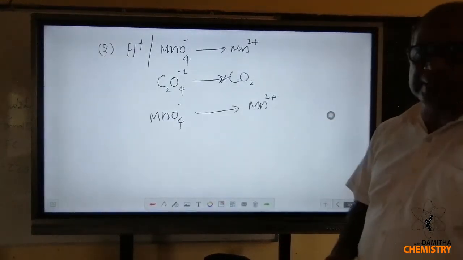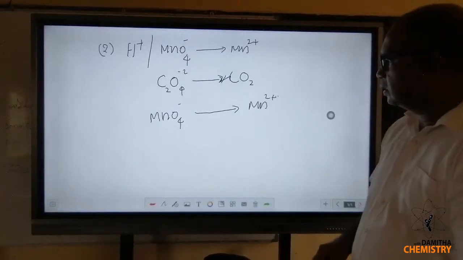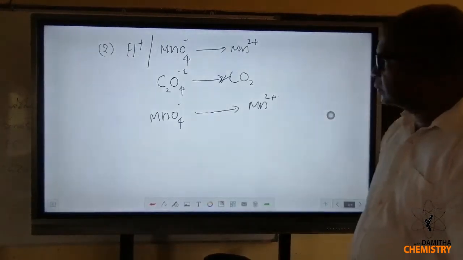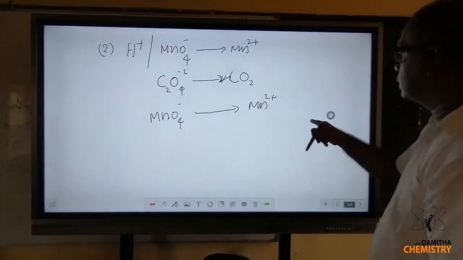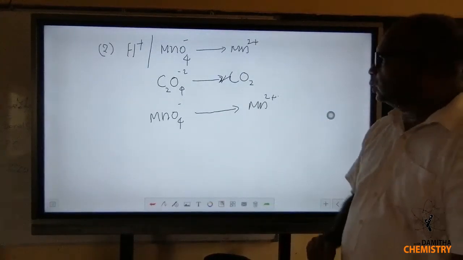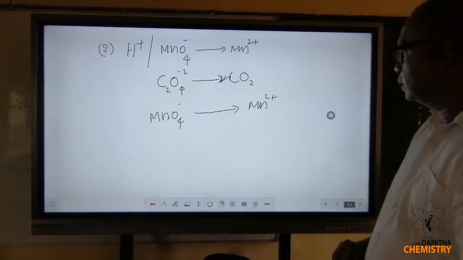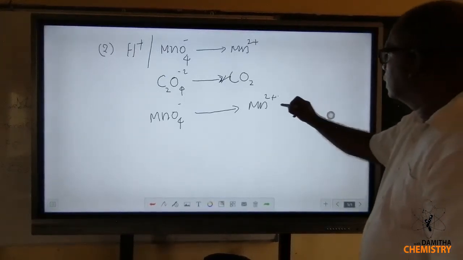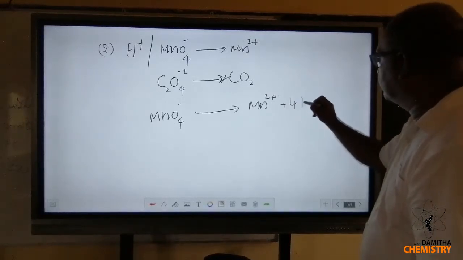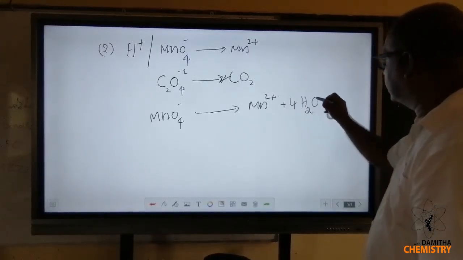The main element is balanced. Now oxygen: the left hand side has 4 oxygen, but the right hand side has no oxygen. Therefore, add 4 water.